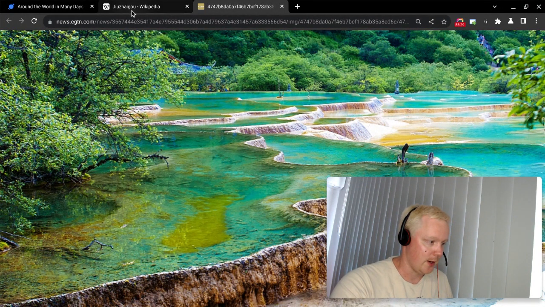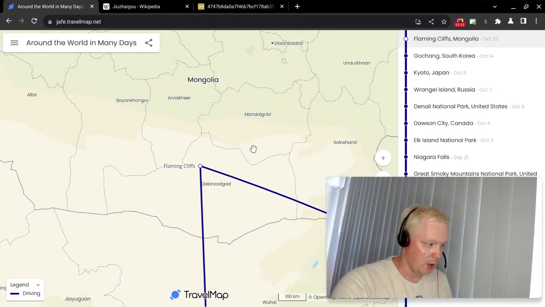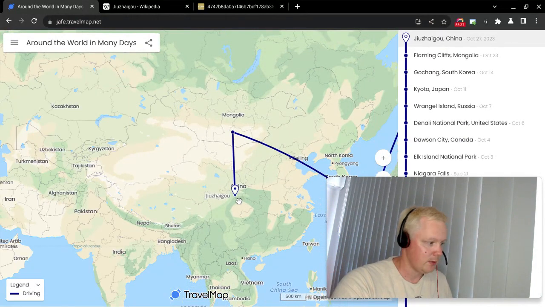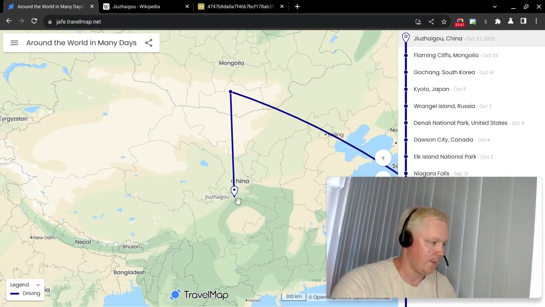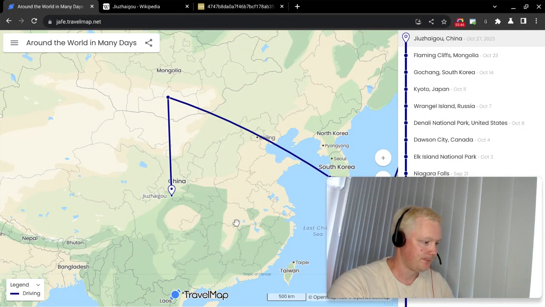So let's look at the map then. Last time we were in Mongolia, and we have traveled a bit here to sort of the central area of China, and this is where we are, Jeojaigo Nature Reserve.